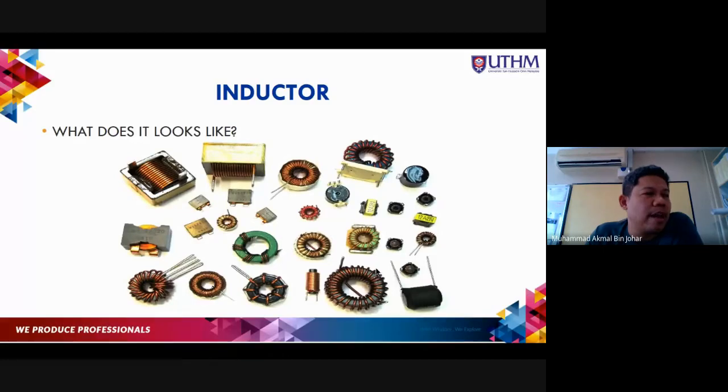In the middle of it, we have a core. It comes in various sizes, and the inductor is mainly big. The smallest one has a very small footprint, but is still considered big when compared to other SMT components.